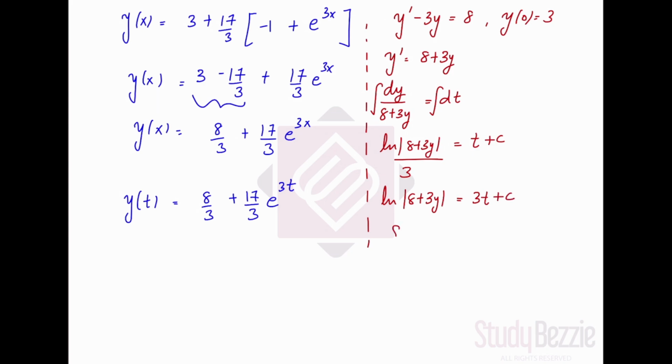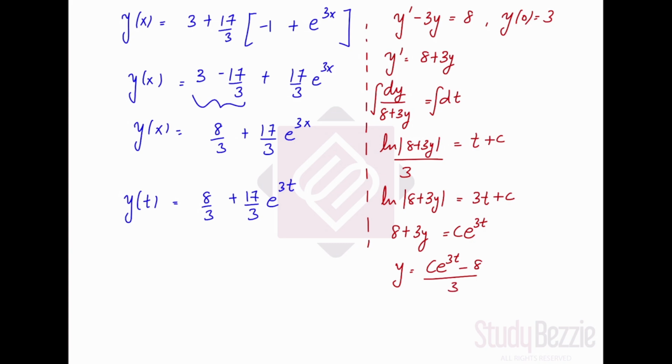Taking exponentials of both sides leaves you with e to the power 3t with a capital C in the front. If you don't know how I got this, I'm pretty sure you can follow along with your method and get the same result. From here, you can isolate y being C e to the power 3t minus 8 divided by 3.